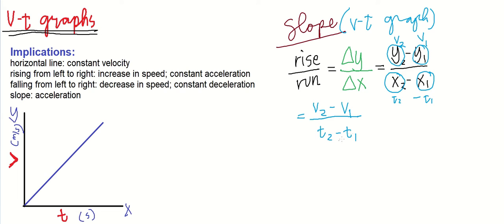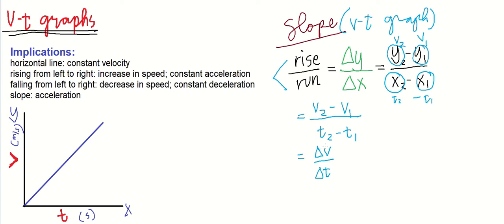So if we simplify this formula, the difference between two velocities and the difference between two times, we can say that we have a change in velocity here and a change in time in the denominator. And still, these two came from the formula of the rise over run, or the change in y over the change in x.